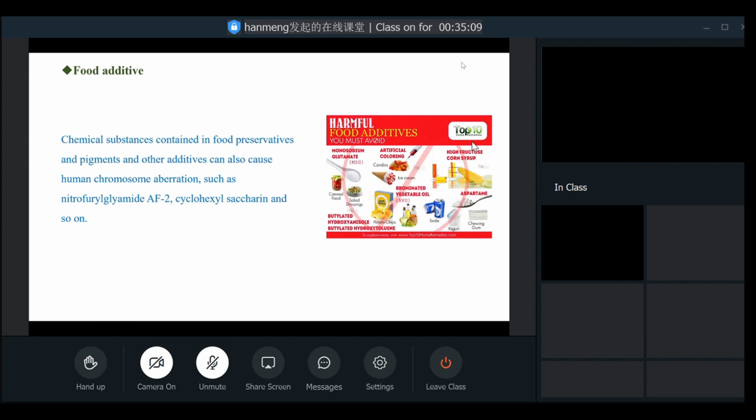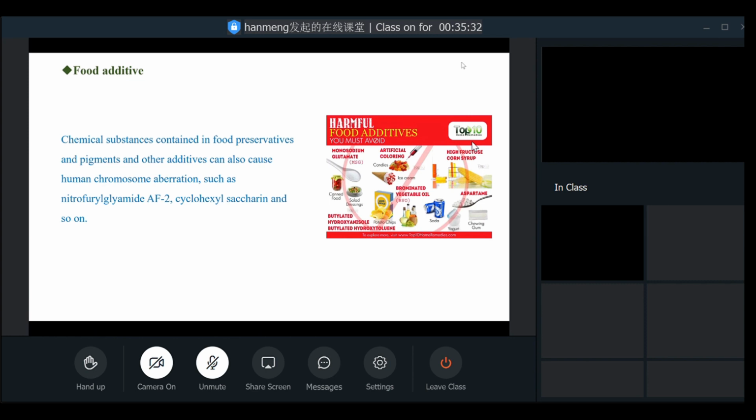But if you eat this fruit every day, then the food additive will accumulate in your body. Then maybe this additive will go over the standard.